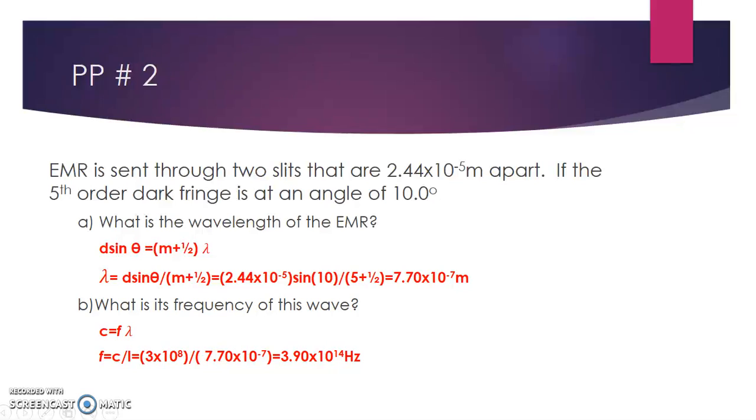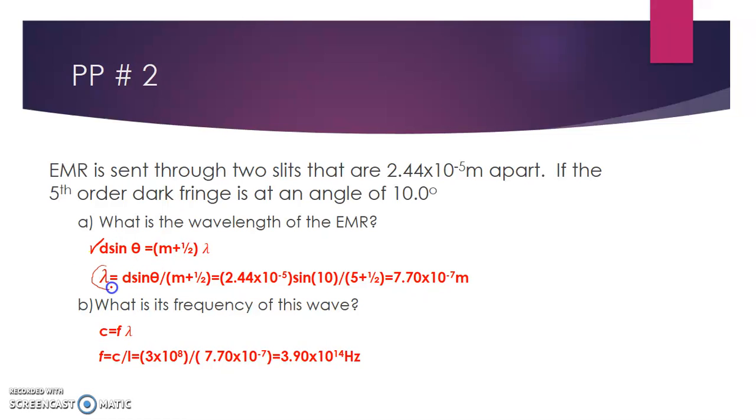Practice problem number 2. The electromagnetic radiation is sent through two slits that are 2.44 × 10^-5 meters apart. If the fifth order dark fringe is at an angle of 10 degrees, A, what is the wavelength of the electromagnetic radiation? Now we're going to use the destructive formula that we talked about earlier in this presentation.